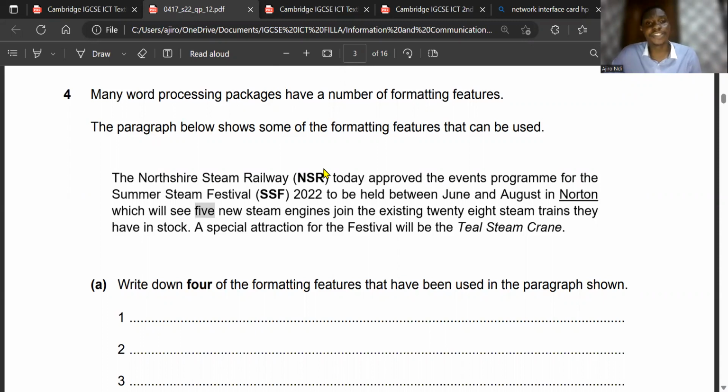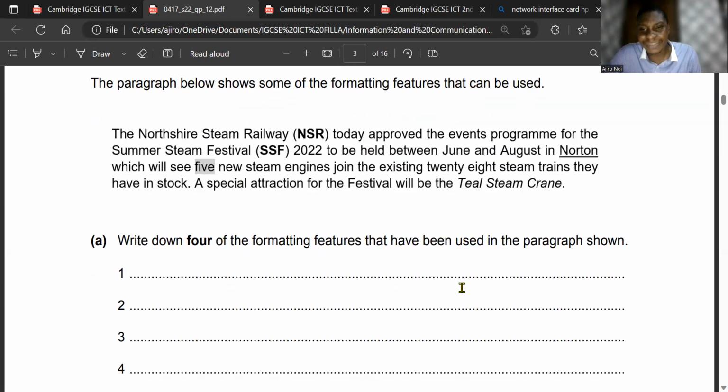Now, many word processing packages have a number of formatting features. The paragraph below shows some of the features that can be used. This is the paragraph here. Now, we're going to look at it critically. Write down 4 of the formatting features that have been used in this paragraph.